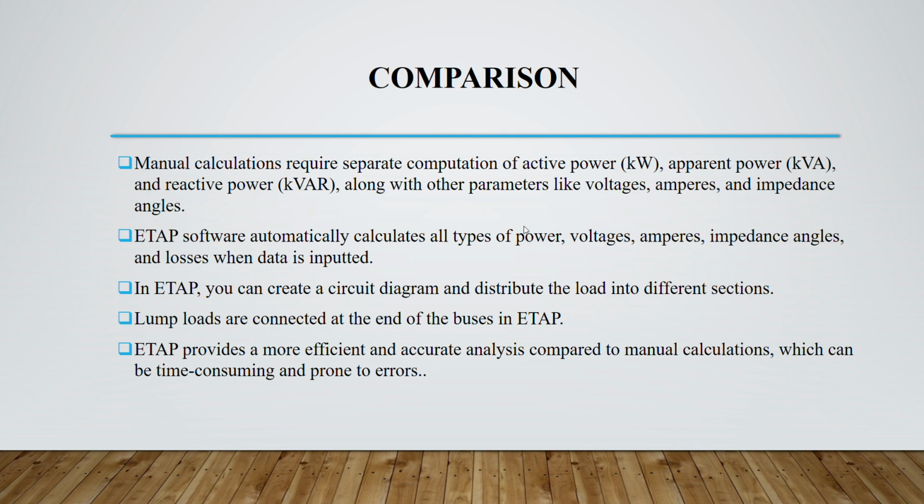In ETAP, you can create a circuit diagram and distribute the load to different sections. Lump loads are collected at the end of the buses in ETAP. ETAP provides a more efficient and accurate analysis as compared to manual calculations, which can be time consuming and prone to errors. These are the comparisons between the manual calculations and the simulation results of ETAP software.